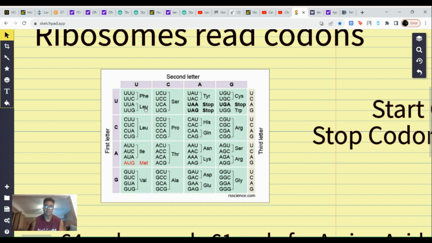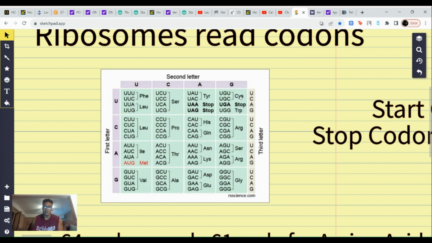the amino acid. And we have phenylalanine, leucine, isoleucine, methionine, valine, alanine, threonine, proline, serine, tyrosine, histidine, glutamine, asparagine, glycine, aspartate, glutamate, glycine, arginine, serine, arginine, tryptophan, and cysteine.